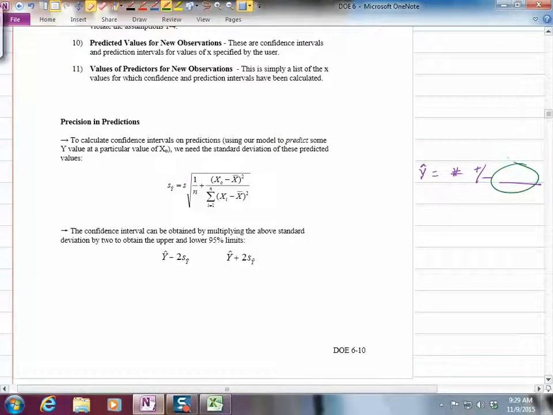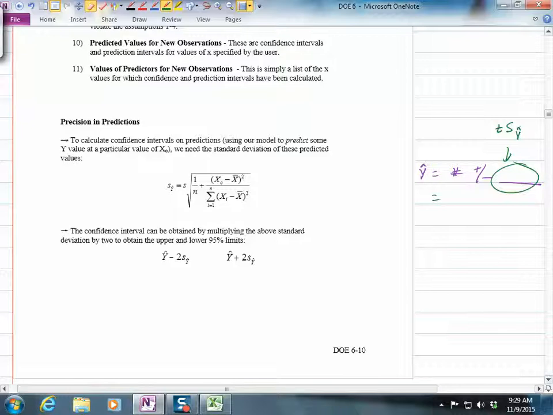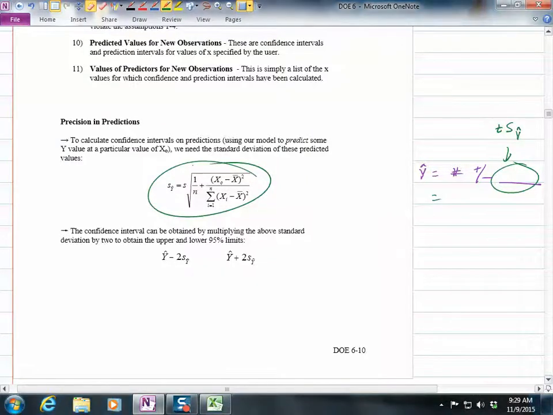So just like previously, the confidence interval is t times s of y hat. So s of y hat, again, it's given to you here. We'll develop the one we want, but that's the noise in a model prediction. So again, that general concept of what's the thing you're trying to say something about, you've got to match the noise to that thing. It's a model prediction, so we need the noise in the model prediction.